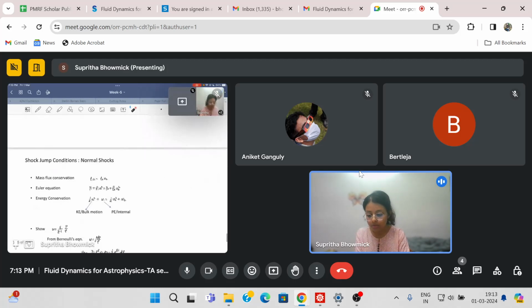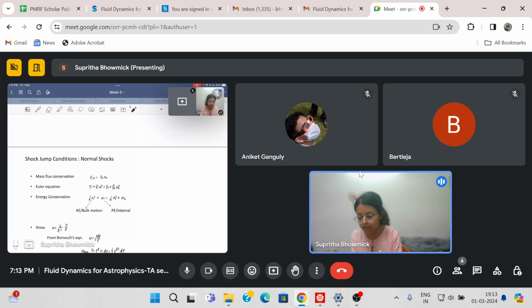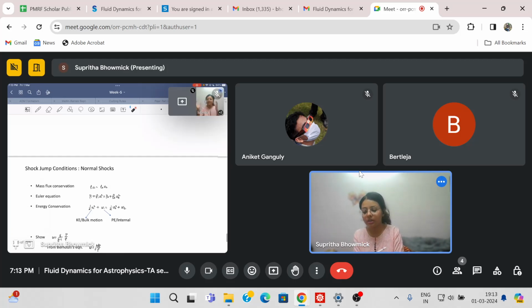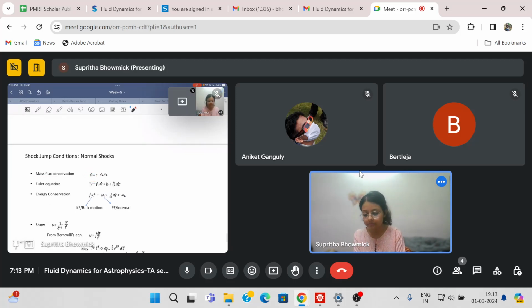So we write down mass, momentum, and energy conservation equations for fluid in the two zones. The mass flux conservation tells us that rho times u in the two zones will be equal. Then we have the Euler equation, and we have the energy conservation equation, where W is the enthalpy.